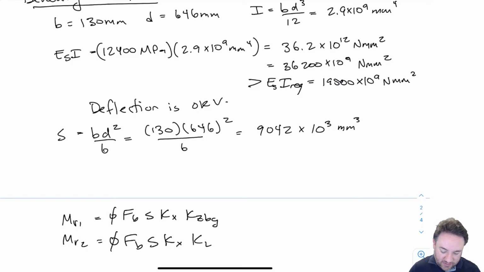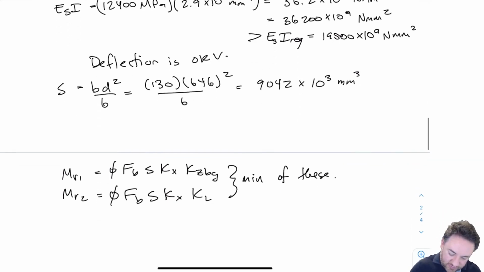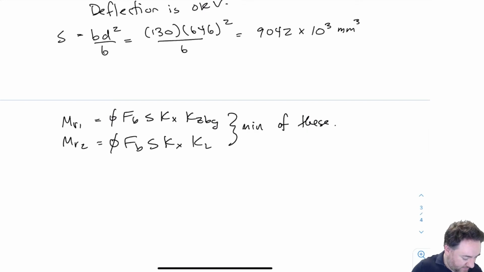So we're going to have to calculate all these parameters and plug them in. And remember that it's the minimum of these two that governs the strength in bending for Glulam. Okay, so first of all, our phi is 0.9 for this equation.